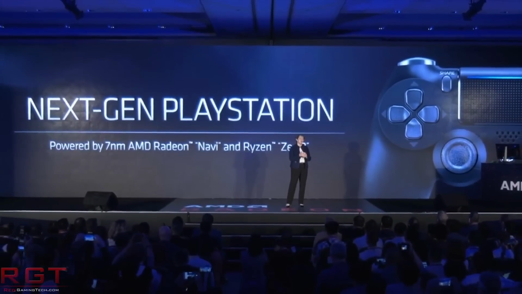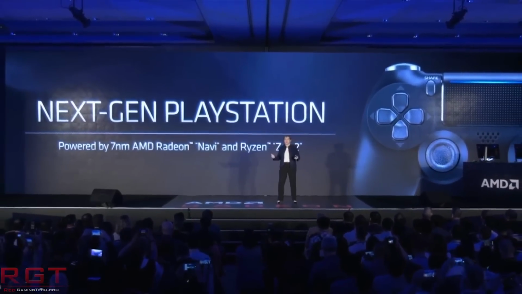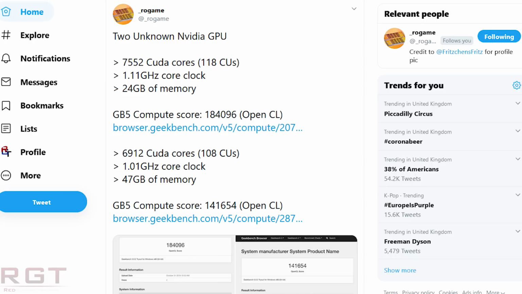And now from AMD, let's move over to Nvidia. And these discoveries have also been made by Rogame. He seems to be on a bit of a tear today, but he's discovered some entries on Geekbench which are super interesting for the simple reason, well actually, I was going to say the sheer performance of the cards and the specs, but also the age of the damn things. I mean, look at when they were posted.